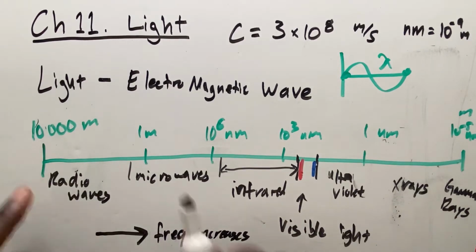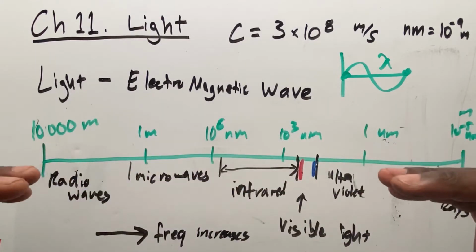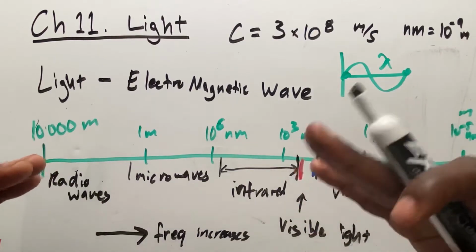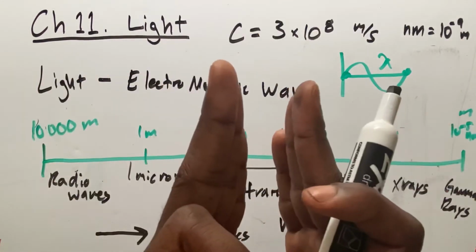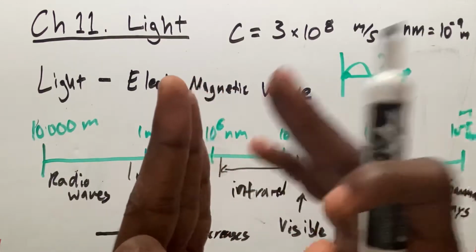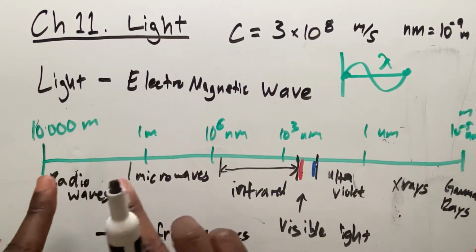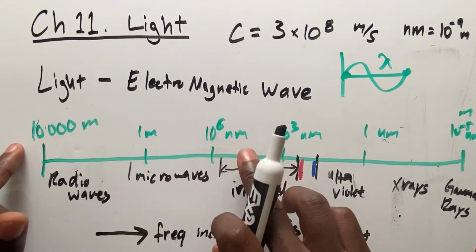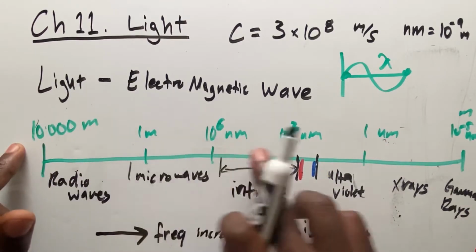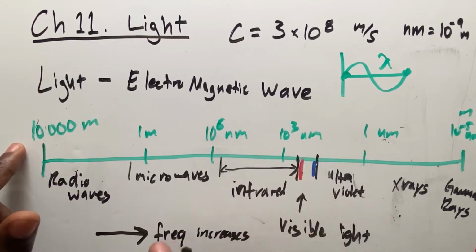And that makes sense, right? Because you have this long wave. It's so long that it's not very frequent. But if it's a really short wavelength, then the frequency can be really fast. So as you decrease the wavelength, you're basically increasing the frequency.